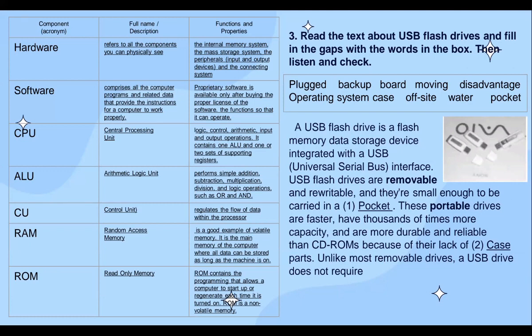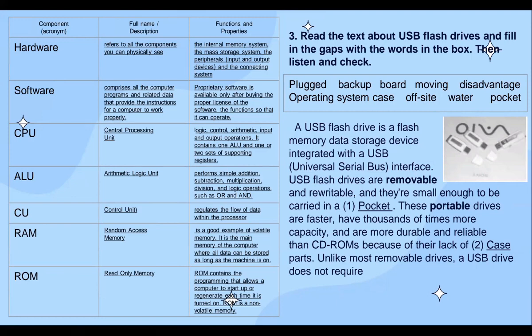Software is available only after buying the proper license of the software, so that it can operate. And number 3, it's component of CPU. Full name is Central Processing Unit. And the function is logic, control, arithmetic, input and output operations.